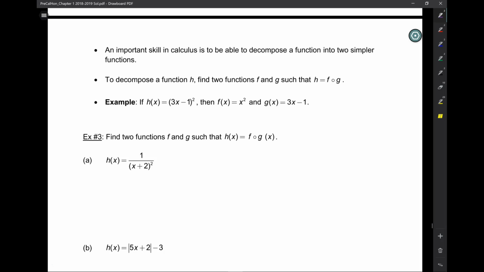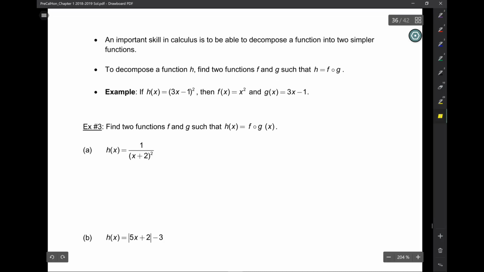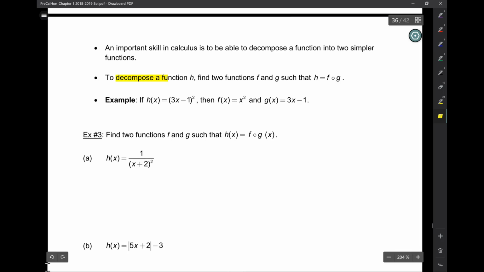Root x, x squared, x cubed, sine of x, okay? And when we separate the outer and the inner functions, we call that decomposing a function. So for example, if there is h, it's made of f and g, we decompose it and we say, okay, this is f and this is g from which it was made.